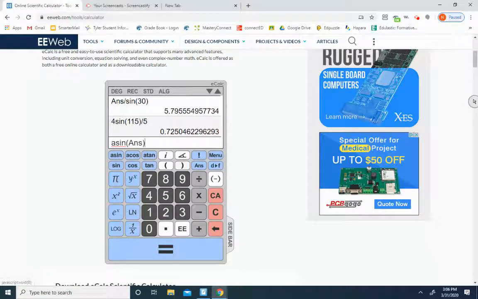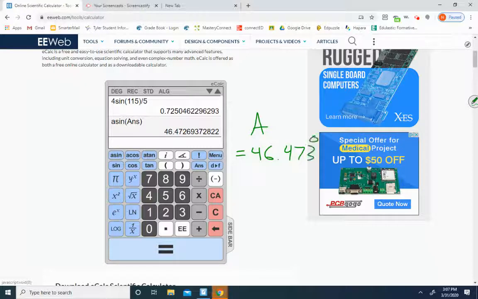So sine inverse, previous answer, press enter. And there you go. It'll give us our angle is 46.4726, which if you round, gives you that big A is going to be 46.473 degrees. And that is our angle A.